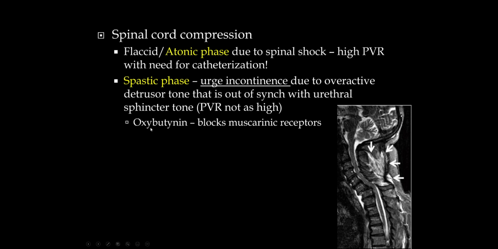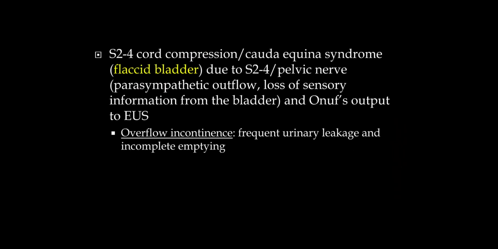And so for these patients, and I'll come back to the diagram to illustrate this, because of the parasympathetic overactivation, oxybutynin, which blocks those muscarinic receptors, can be helpful to relax the bladder and can help patients that have urge incontinence.